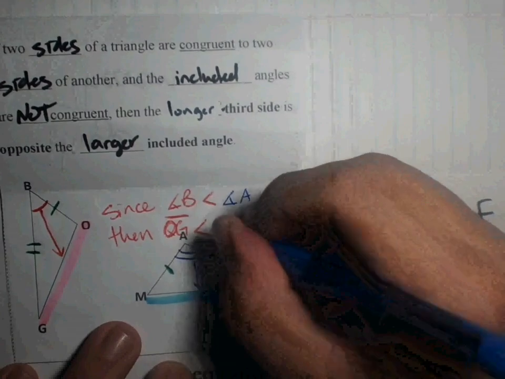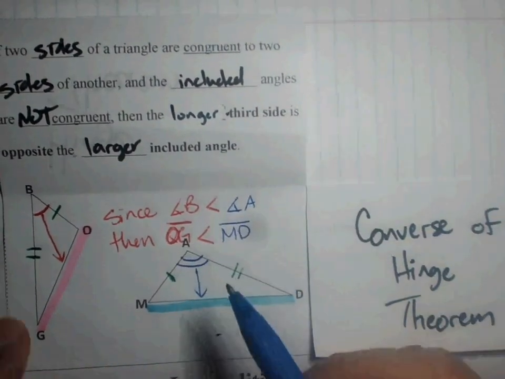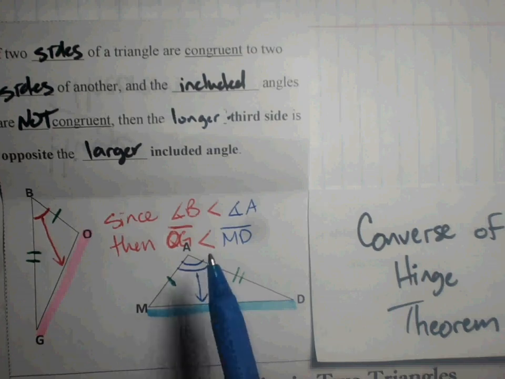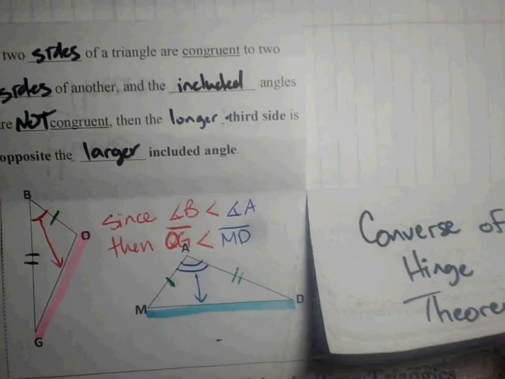They're obviously not the same, but even though these are congruent, the larger angle is across from the larger side. That's how it works, and that's how it works for this other one too. The converse is the same idea, kind of in reverse.